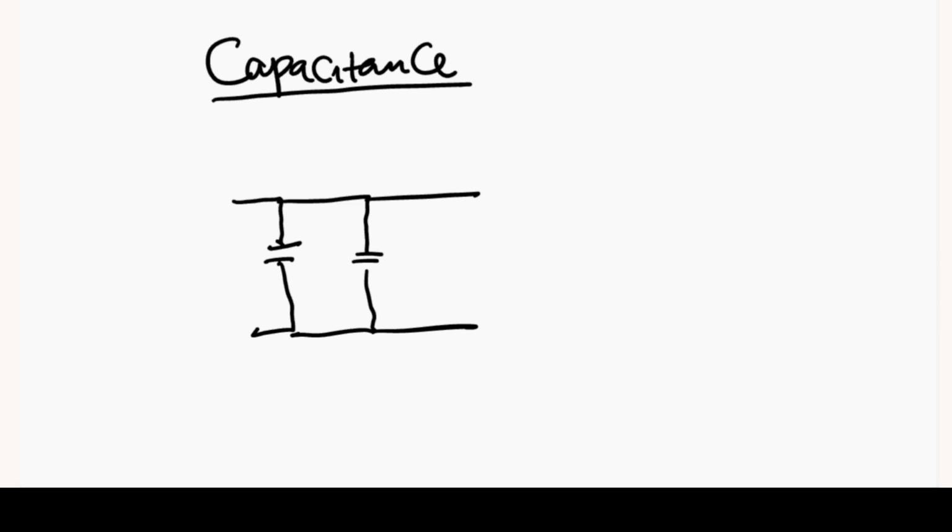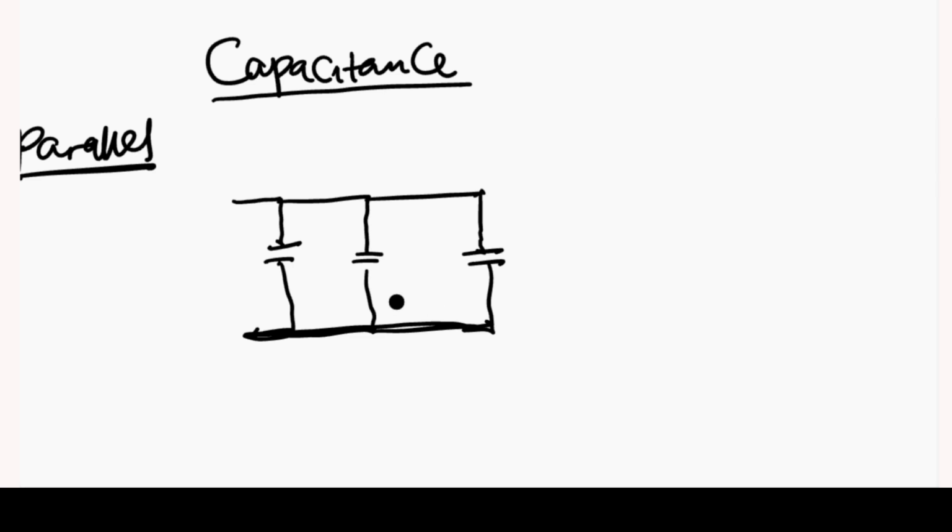But what you will see in questions will shock you. The concept is what matters. You see, this is parallel because this wire connecting this and this means they are not one wire.